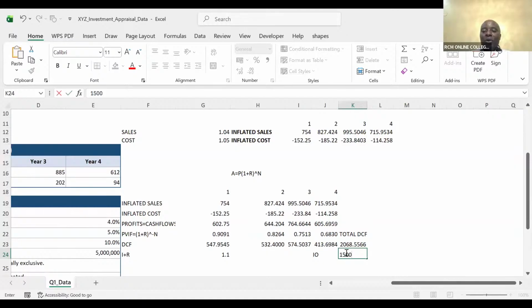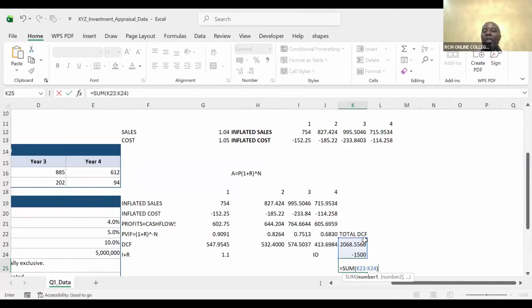Then, ladies and gentlemen, remember, because it's a cost, it is always important to put a negative. Costs, always put negative. So when you come here, you simply say alt equals. I can see it has not picked everything, so I need to expand this a little bit, up to there.